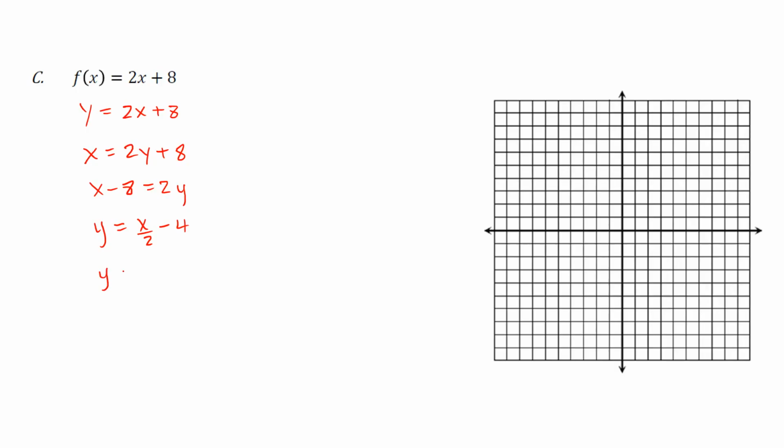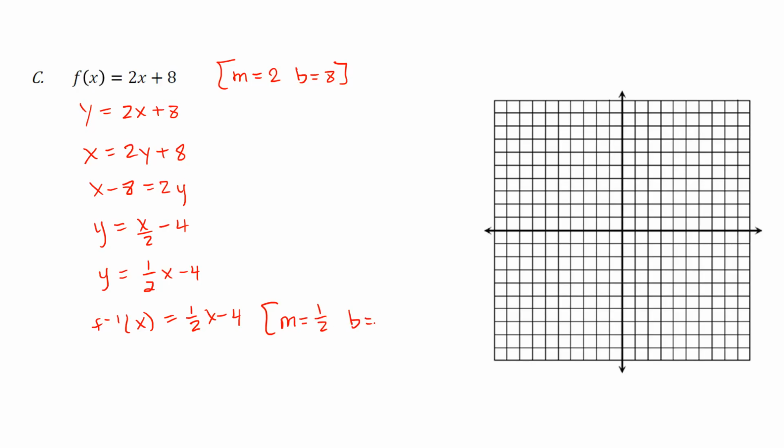Okay, so we can rewrite this as 1/2 x minus 4. Then we'll replace y with the inverse of f. Okay, so the slope of my function f of x is 2. My y-intercept is 8. The slope of my inverse function is 1/2. And my y-intercept is -4.